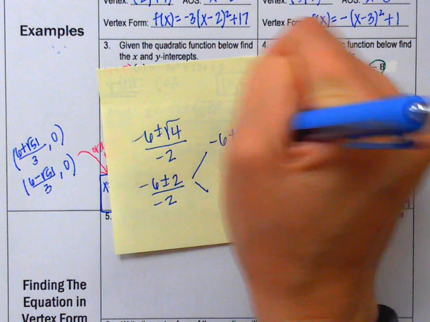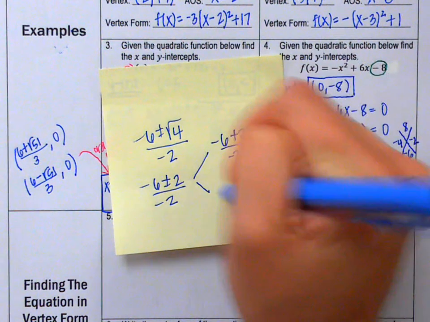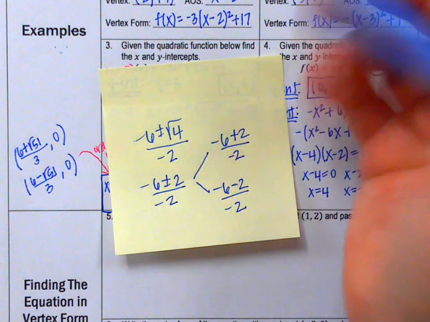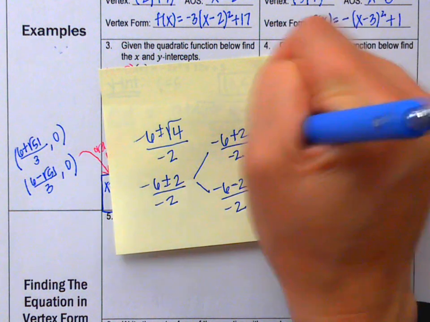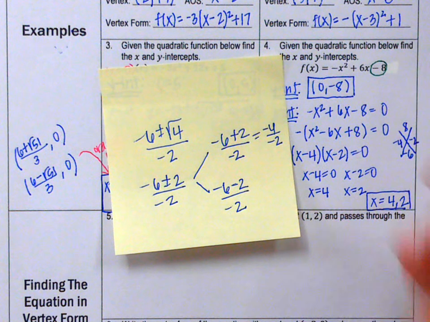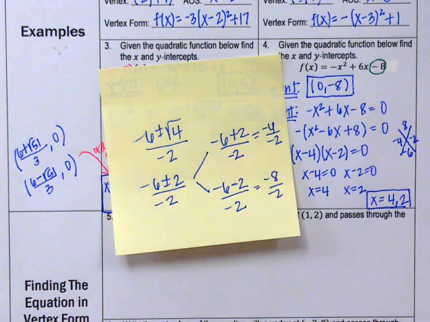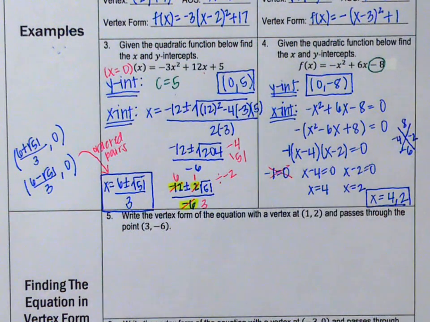So it'd be negative 6 plus 2 over negative 2 and negative 6 minus 2 over negative 2. So that would be negative 4 over negative 2, which gets us that positive 2, and negative 8 over negative 2, which gets us that positive 4. So either way that you do it, if you don't want to have to worry about factoring, you can literally just use the quadratic formula every single time, and that's totally fine with me. It's just I want you to recognize if you can keep simplifying, keep simplifying.